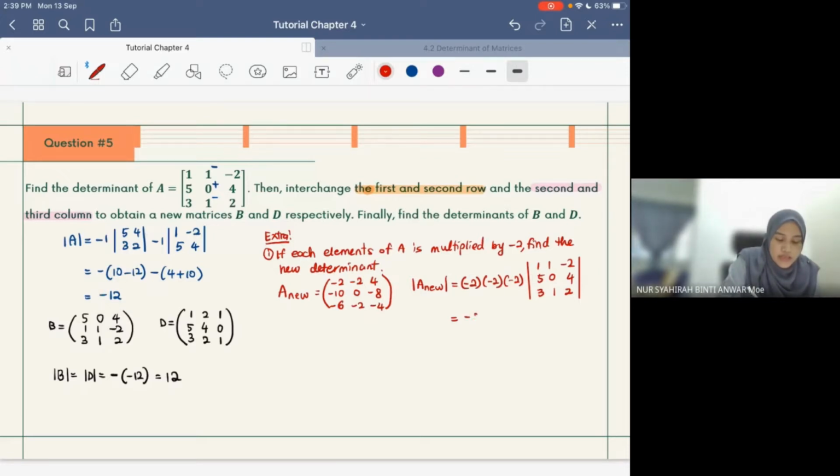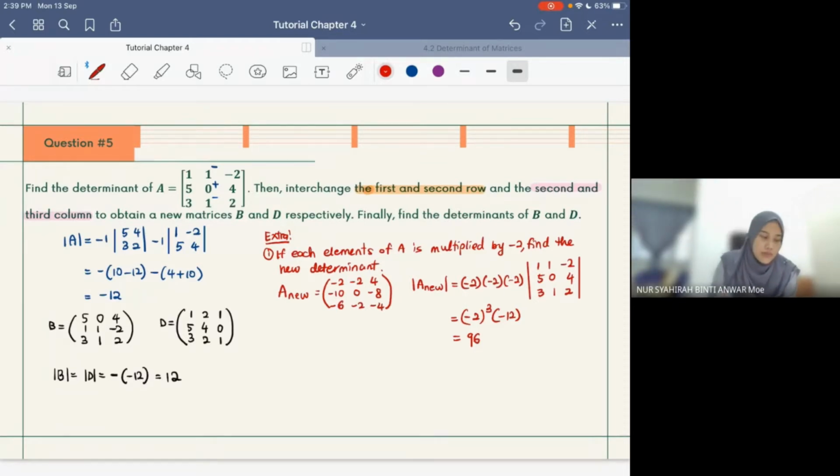So it will be -2 to the power of 3 we multiply by -12. So kat sini kita akan dapat jawapan berapa ya? -8 darab 12, 96. So -96. Is it negative? Oh no, positif. Sebab kuasa 3 dah jadi negatif kan, negatif lebih positif, so just 96 sahajalah.